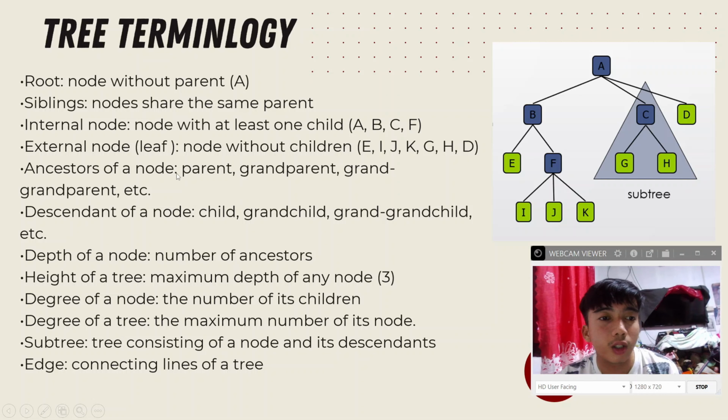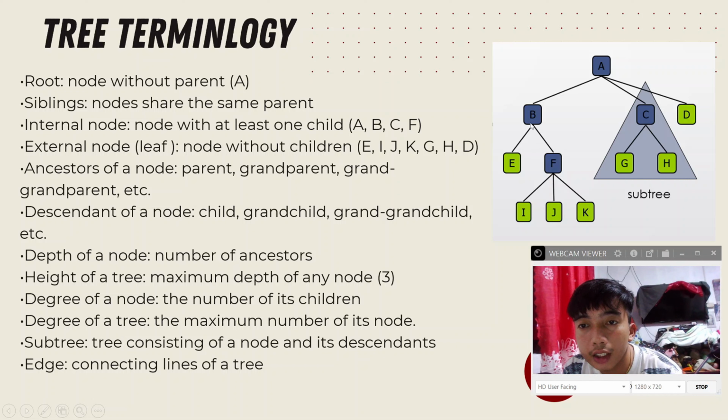Ancestors of a node are the parent, the grandparent, and so on. For example, letter I: its parent is F, its grandparent is B, and its great-grandparent is letter A. So those are its ancestors.